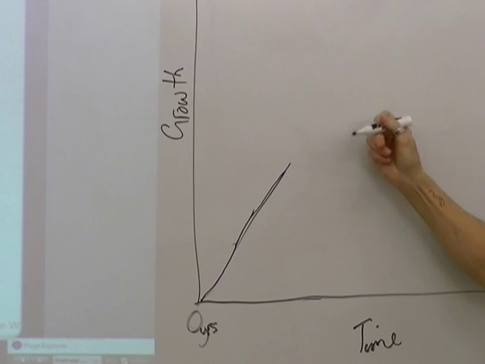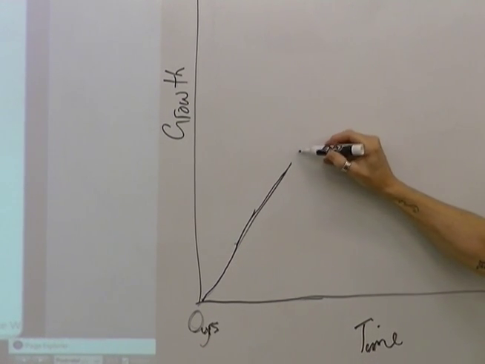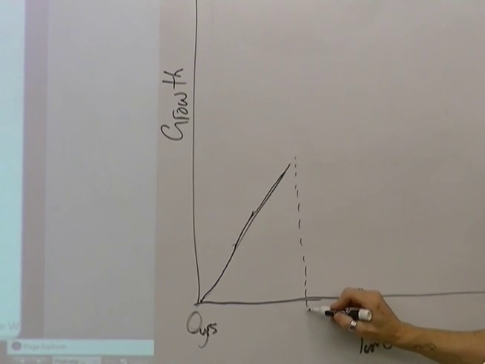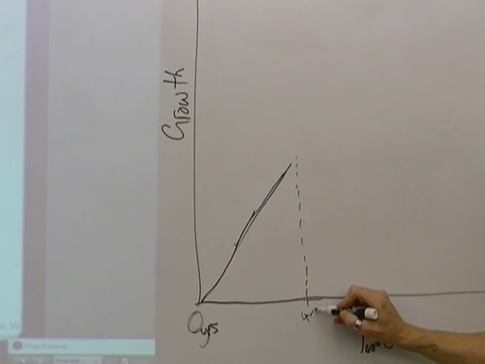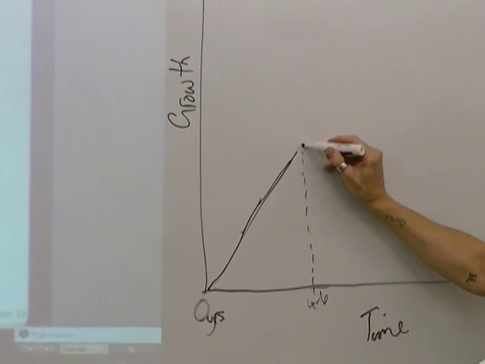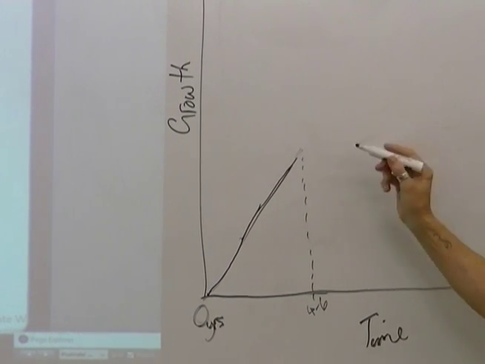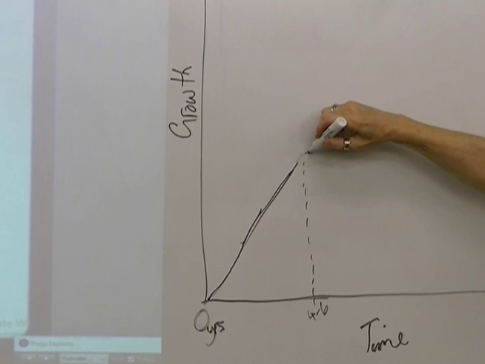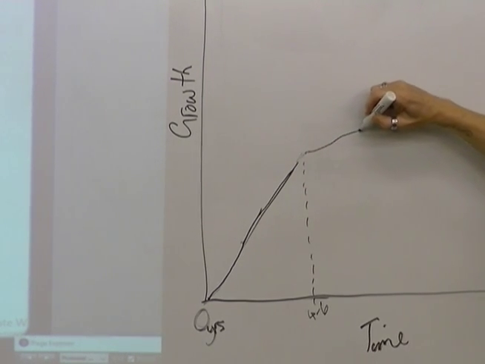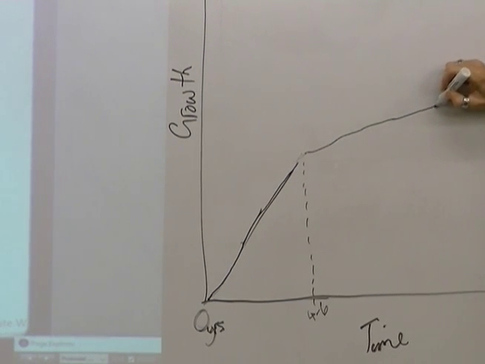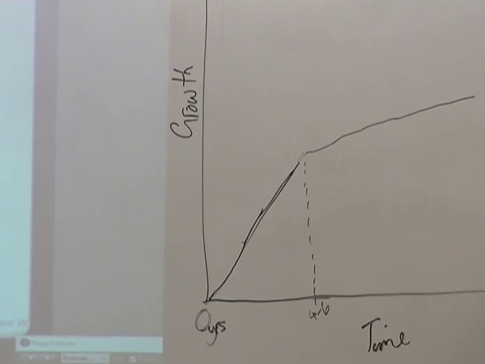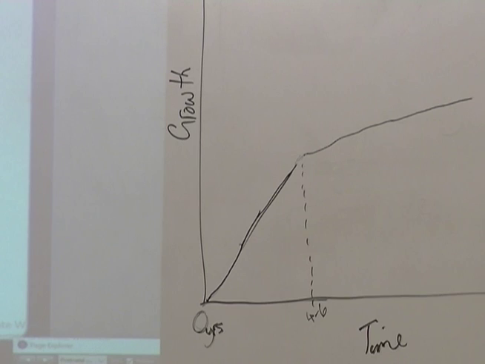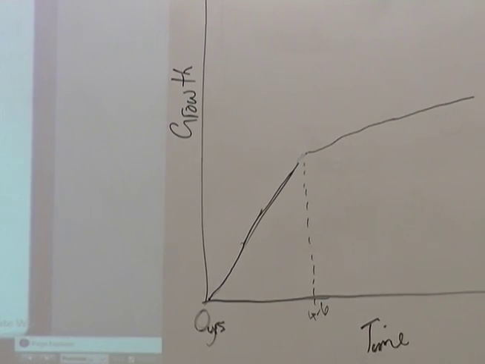Then somewhere around 4 to 6, this is going to not flatline because we're looking at growth. They continue growing, but they grow more steadily. So they grow about the same amount every year until we hit puberty.